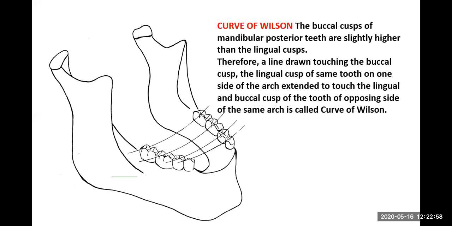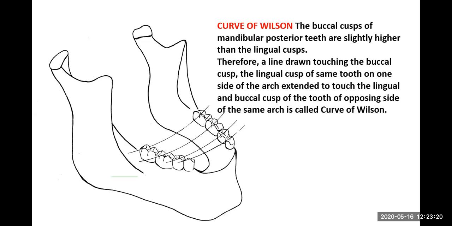And if we continue this line on one side of the arch to join the lingual cusp on the opposite side of the arch, that line goes up to further touch the buccal cusp of the posterior tooth on the other side.